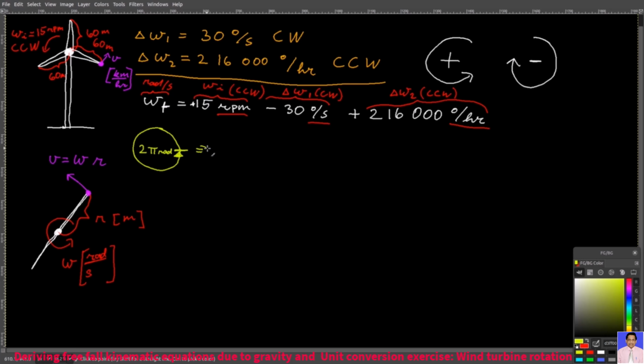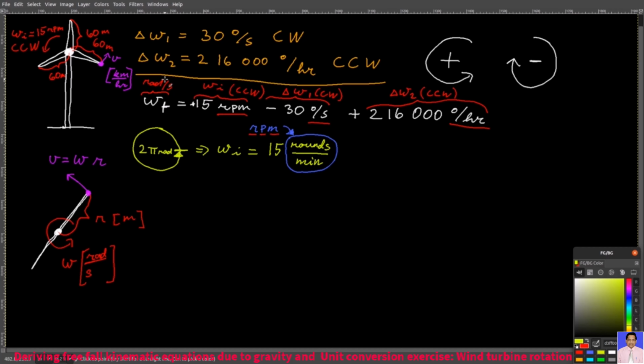And so that means that the first term, omega I, is 15 rounds per minute. So this rounds per minute, that's your RPM. But now we don't want rounds and we don't want minutes.